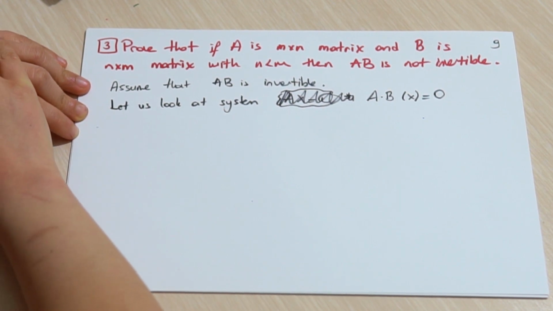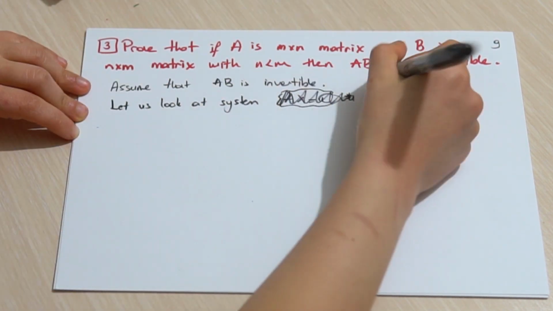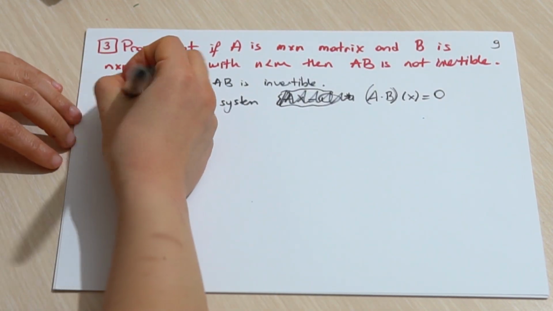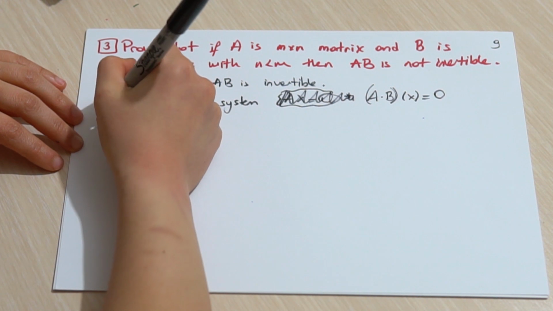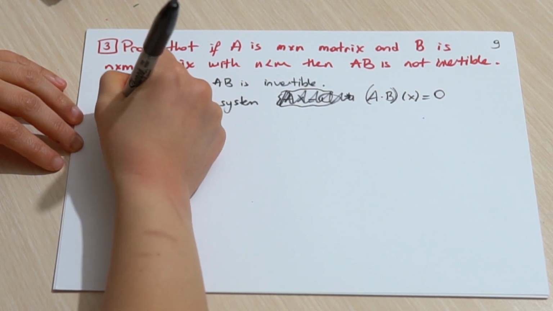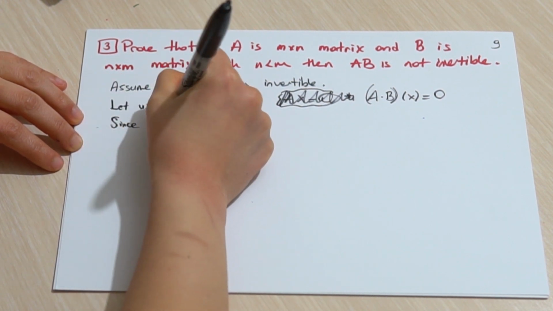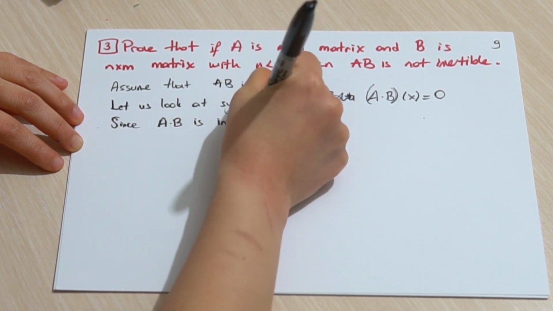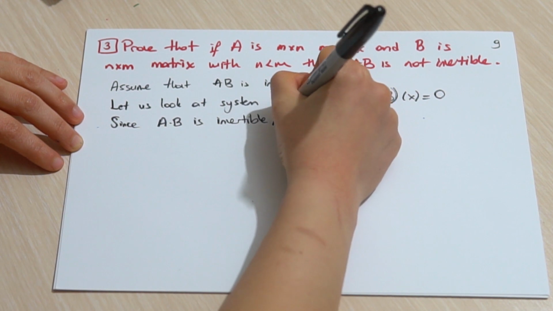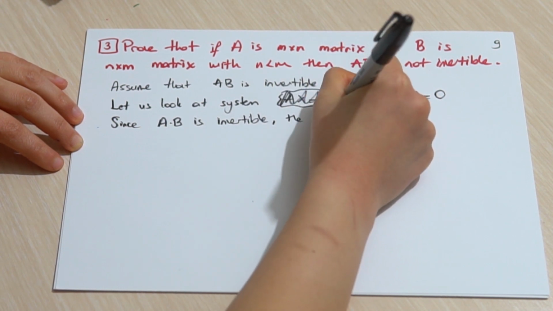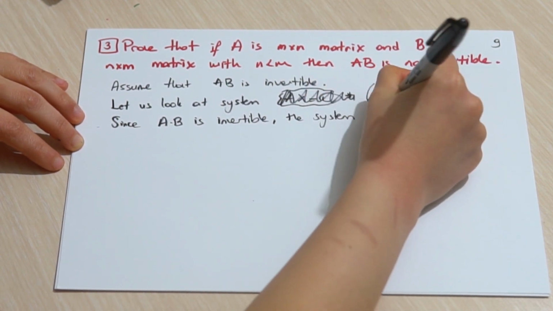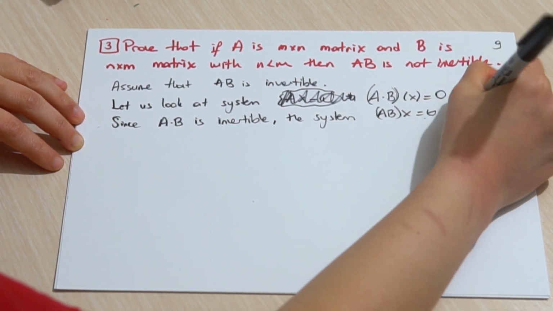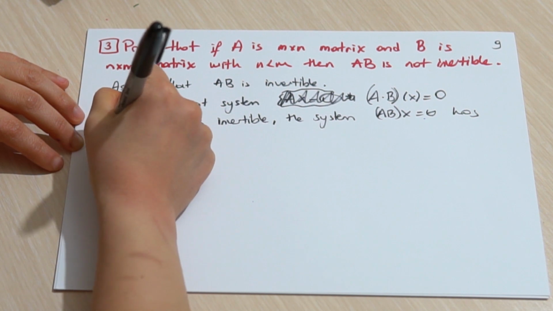Let us look at this system. Then, since A times B is invertible, the system A B x equal to 0 has only the trivial solution.